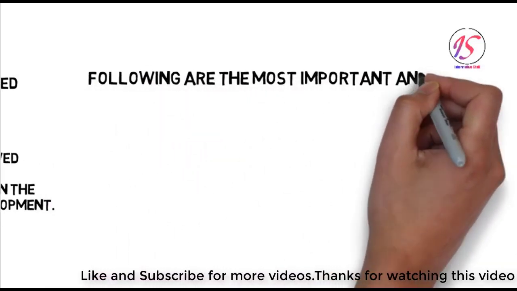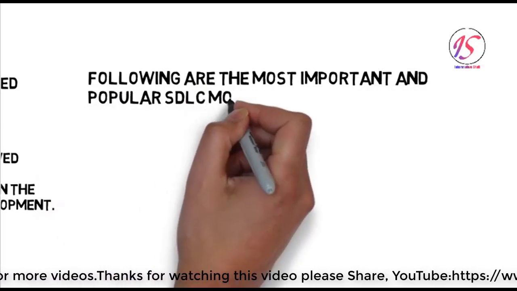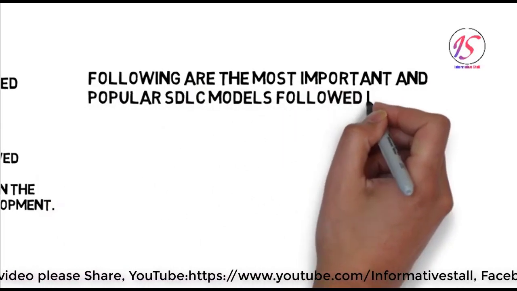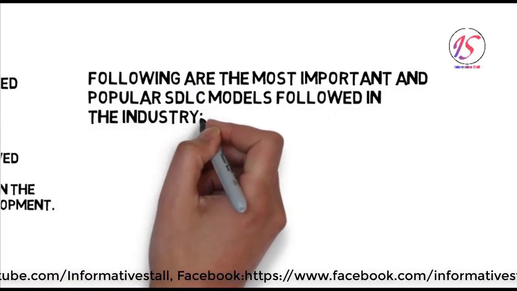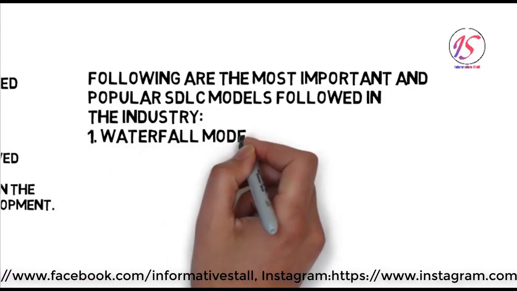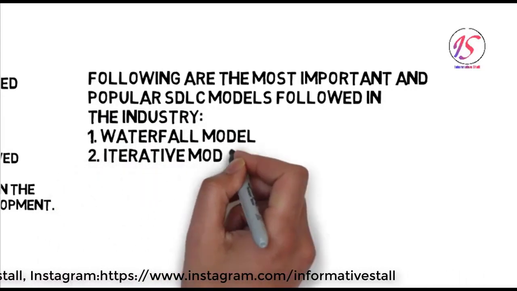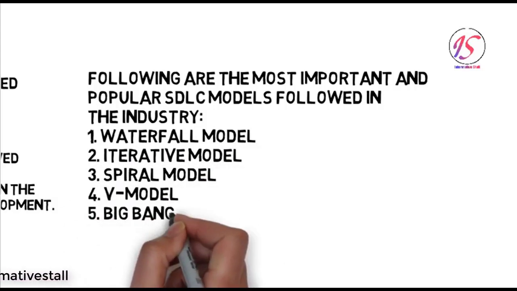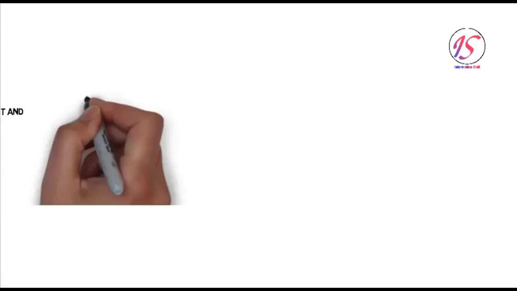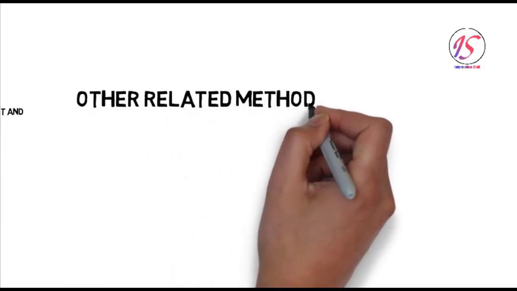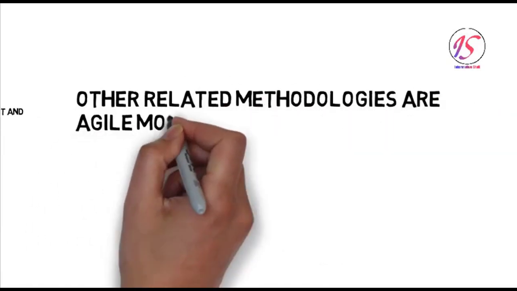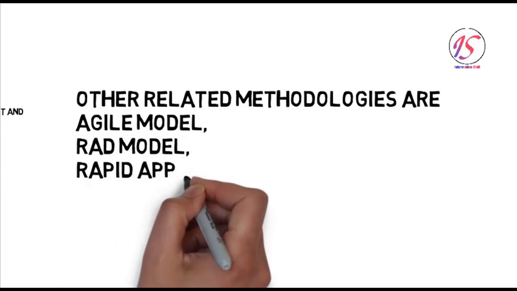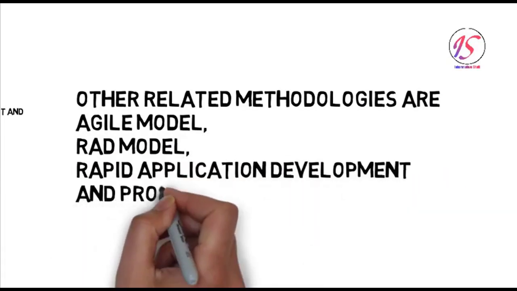Following are the most important and popular SDLC models followed in the industry: the Waterfall Model, Iterative Model, Spiral Model, V Model, Big Bang Model. Other related methodologies are the Agile Model, RAD Model, Rapid Application Development, and Prototyping Model.